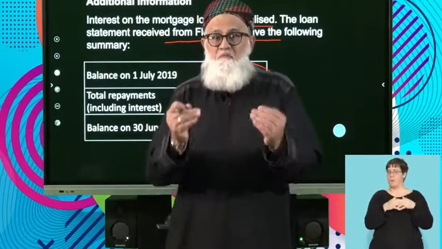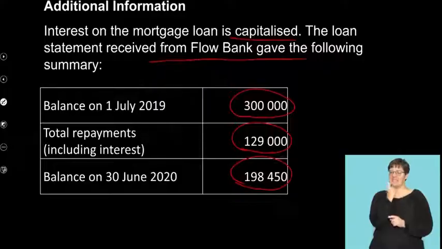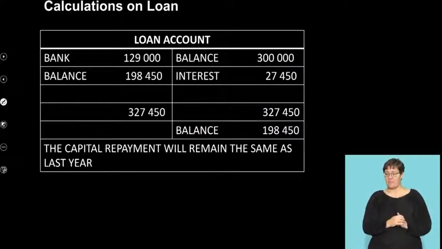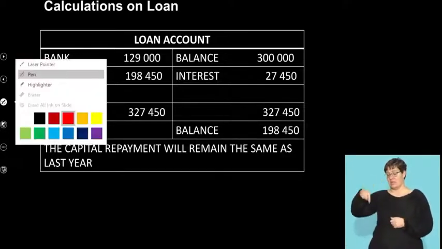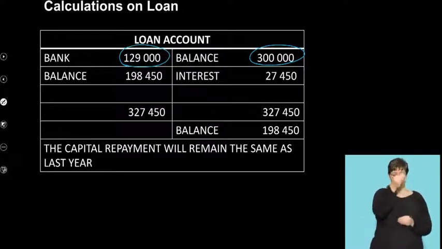It'll make it much clearer and easier for you to understand. Let's do that. Okay, here we go. There's my opening balance of 300,000. Right? Opening balance. There's my bank figure, repayments including my interest. There's my balance at the end of the year.